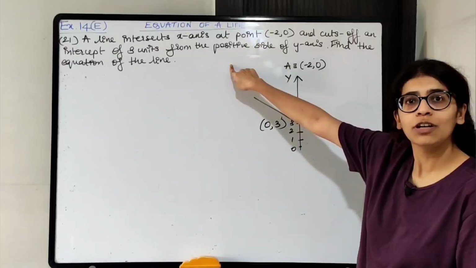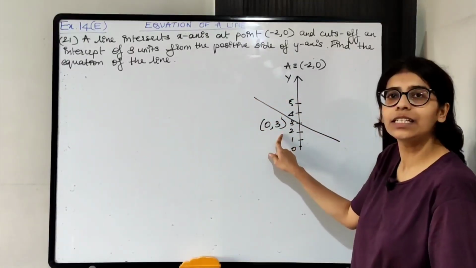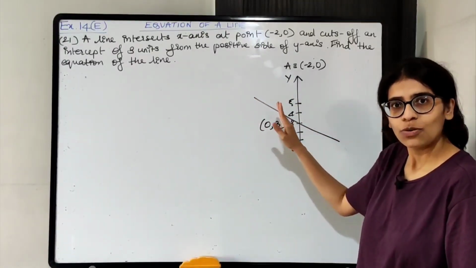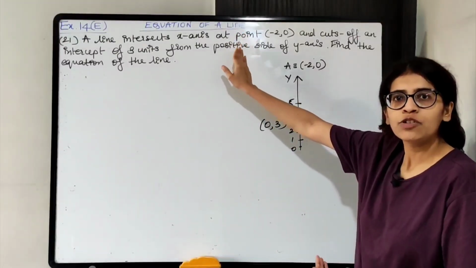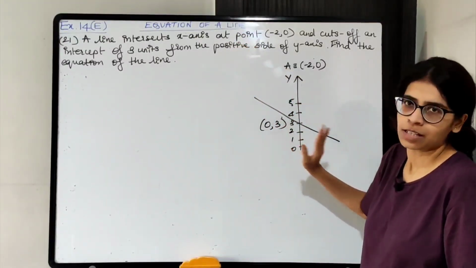If they had said negative side, it would be 0, minus 3. Since they have mentioned positive side, we'll take plus 3.